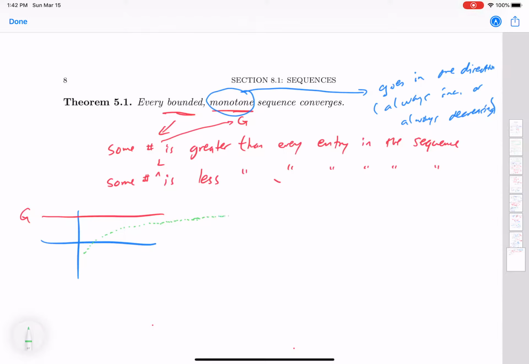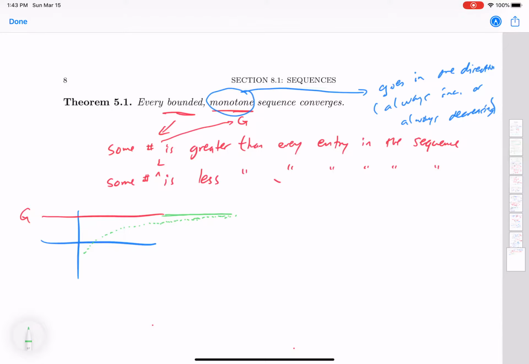It will continue increasing, but very, very slowly. And it'll basically look almost like g is a horizontal asymptote. And so if it's an asymptote, then this sequence is going to converge to it, or converge to something less than it. And a similar diagram goes on the bottom.